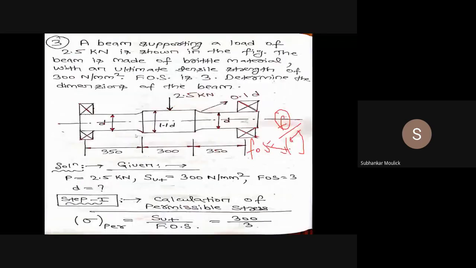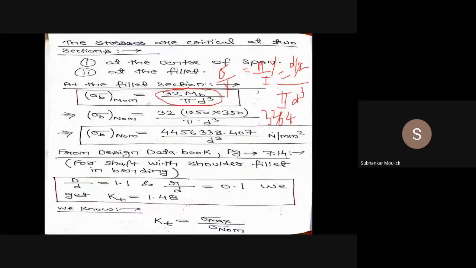Fine. So if I take the bending stress at the fillet cross section, this is my fillet. The bending moment will be RA into this distance, that is 350. RA is 1250 into 350 by pi d cube.